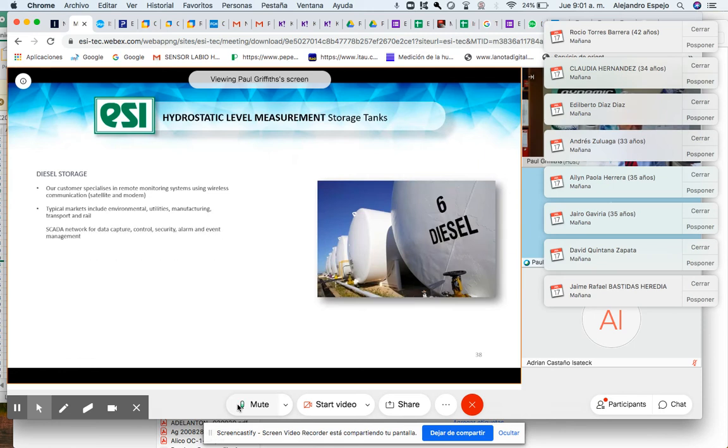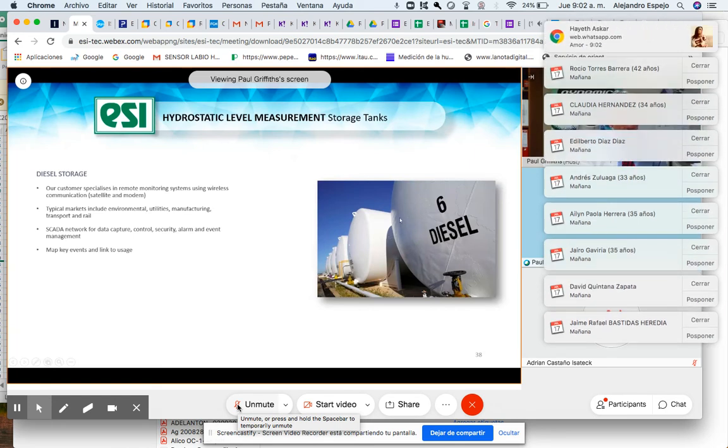This is an application that we supply quite a lot to: fuel tanks, diesel storage. So we have a customer who makes systems for remote monitoring of storage tanks. These storage tanks, for instance, are all over the UK, sometimes underground, sometimes in storage facilities, military, government, that sort of thing.